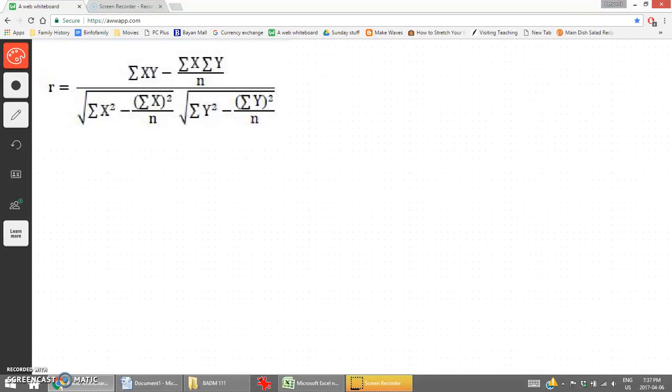So we know that the sum of x, y is 12,371 minus the sum of x, which was 169, times the sum of y, 500, divided by 7. And once again, those values will be provided to you on the exam and in the quiz and review questions.